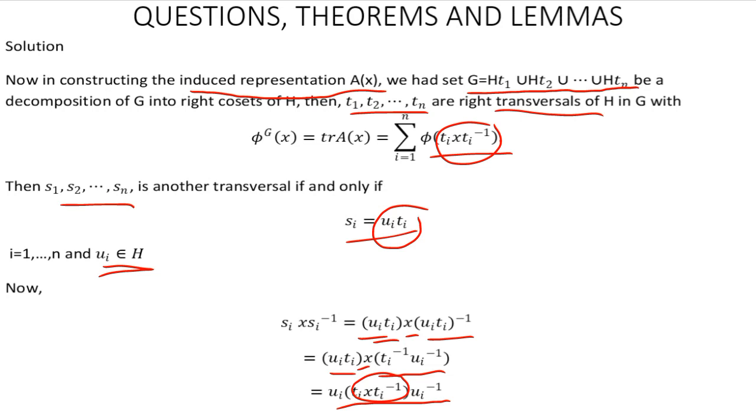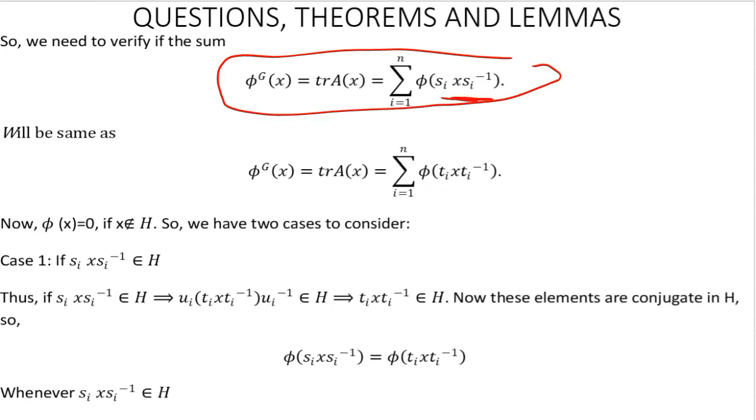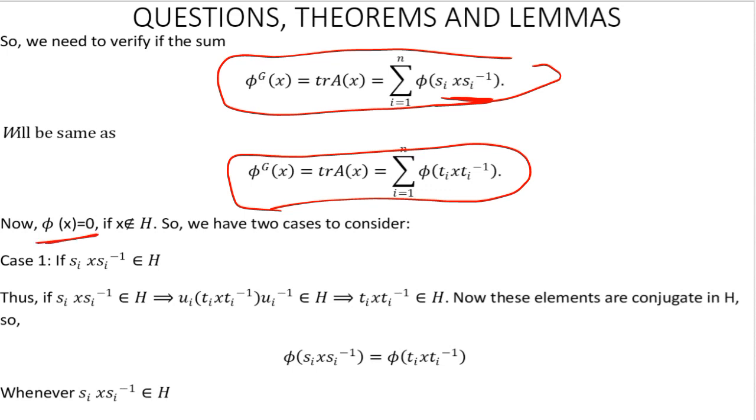Okay, so let's see what happens. Now we want to verify that this sum, with the Si's now because that's our new transversal, will be the same as this. That's our target. We want to show that it doesn't materially affect it. We know from the induced character representation that phi of x goes to 0 whenever x is not in the subgroup H of our group G. So once it's not there, the character at the point x is 0.